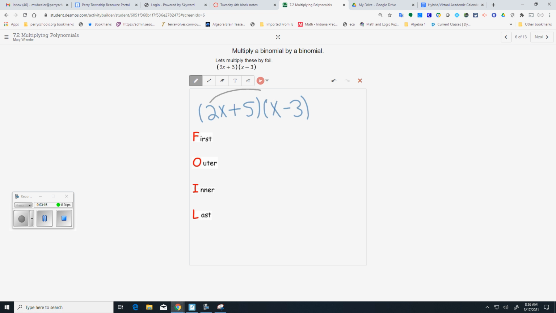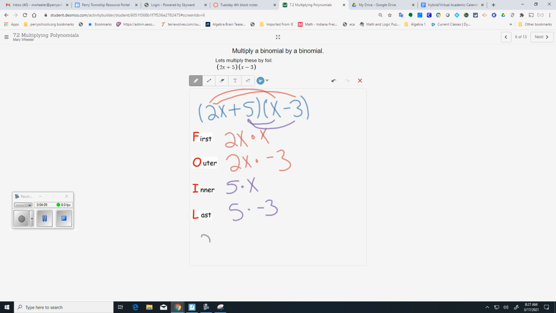So we take our 2x times x, and then we take our outer two, so our 2x times negative 3, and then we take our inner two, so our 5 times x, and we take our last two chunks of each binomial. So then we get 5 times negative 3.